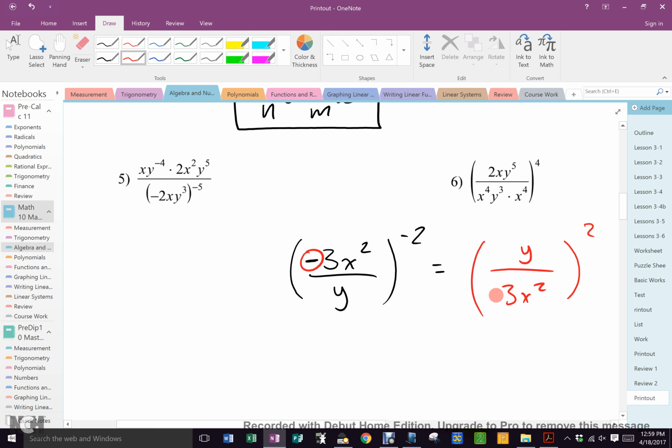Does this stay here? Are negative bases okay? Yes, it would stay there. But once I square it, what would happen? Then it would disappear because negative 3 squared is positive 9. Right? Okay.